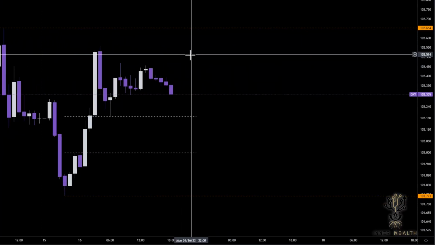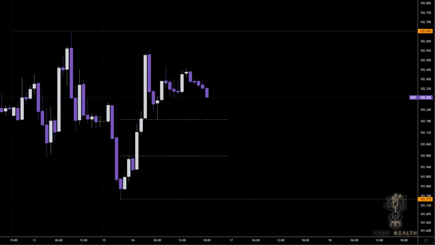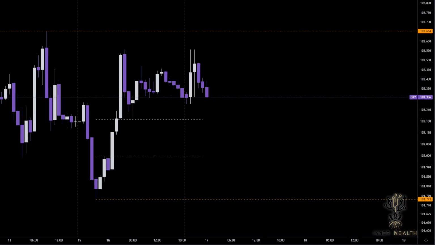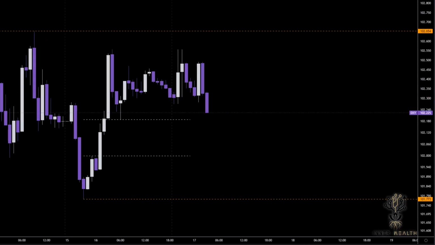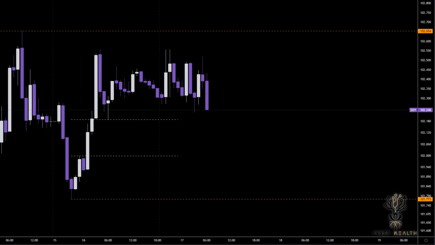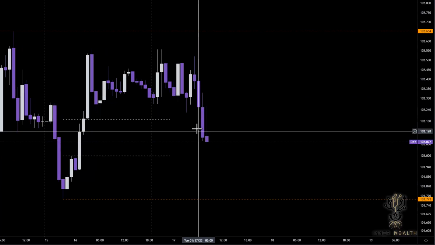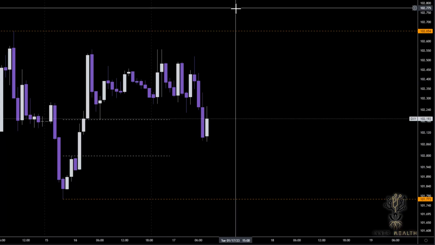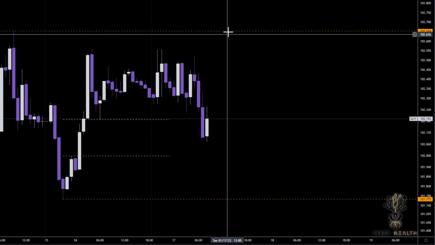When we were here for the week, we started here and trading to the downside, and when we got to that imbalance right there, here's where I want to see some accumulation to the upside, right?